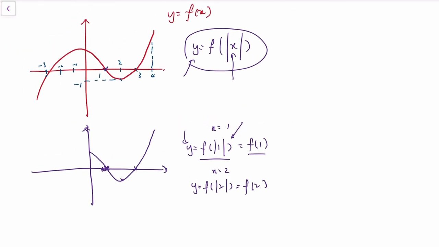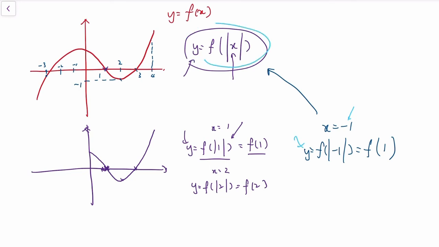Now the hard part is, what if x is negative? What if I put x being -1 into f of absolute x? Then I have f of absolute -1. But absolute -1 is 1. So that means when x is -1, the y value on the graph of f of absolute x would actually be the y value of f(1).